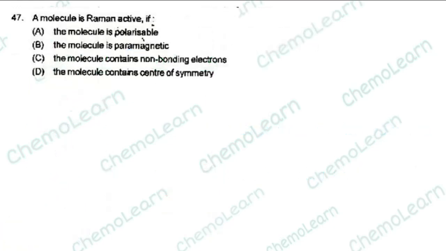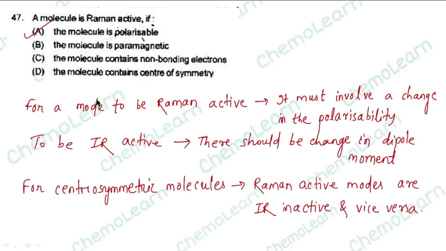Alright, question number 47. A molecule is Raman active if the molecule is polarizable, the molecule is paramagnetic, the molecule contains non-bonding electrons, or the molecule contains a center of symmetry. See, if a molecule is Raman active, then it must involve a change in the polarizability.